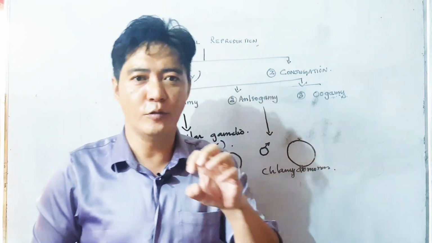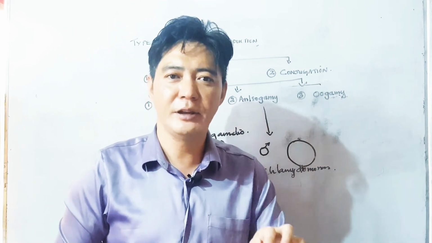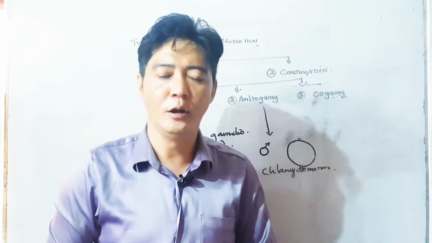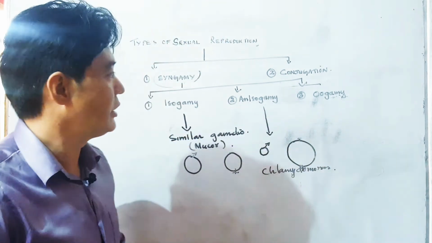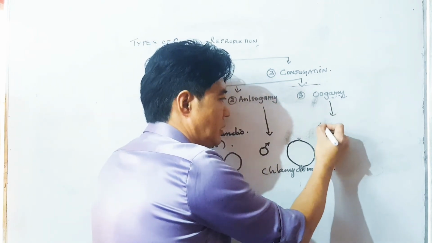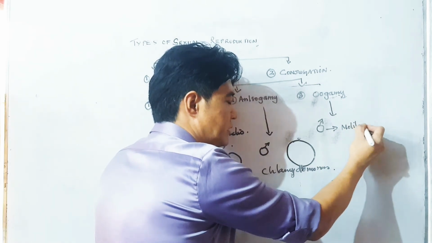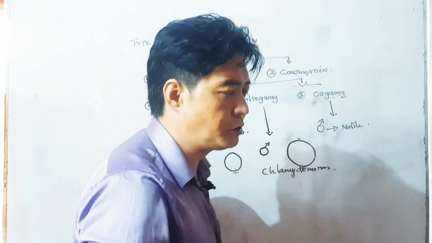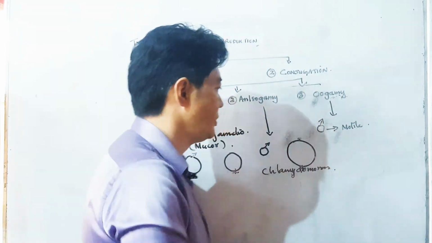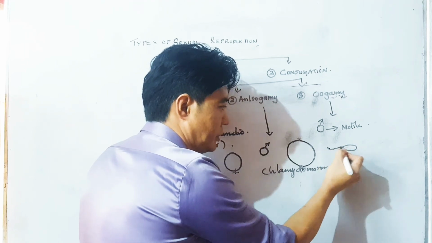In case of oogamy, generally male gametes are motile, means they are flagellated or they can locomote. Motile means they contain flagella, means they can locomote from one place to another. Say for example, sperm, they contain flagella.